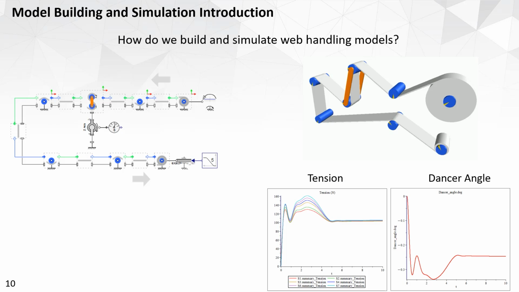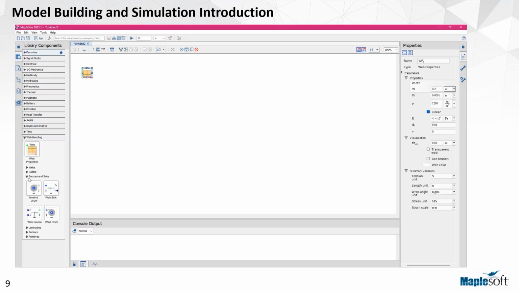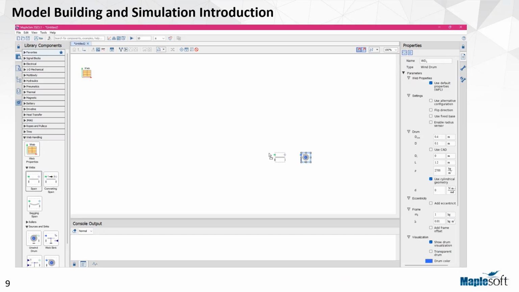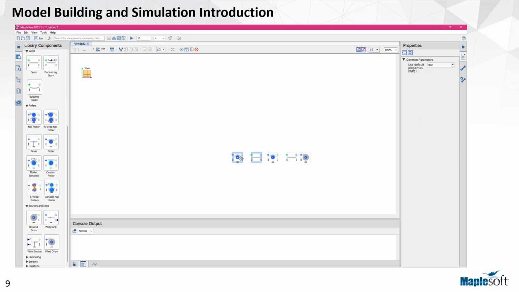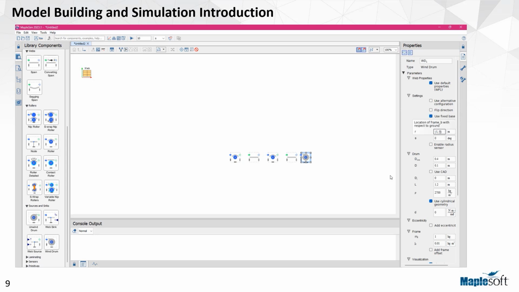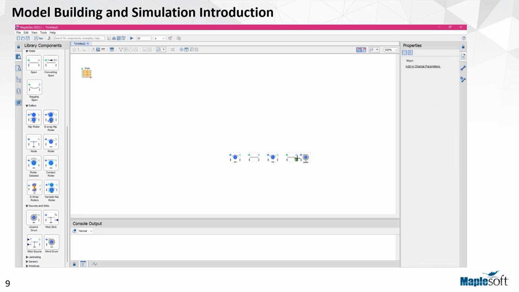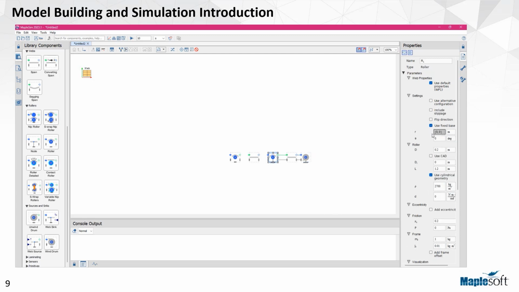So now let's look at this being built in MapleSim. Okay, so this here, we're looking at a line being built rather quickly, but it's to give an overview of how you can build a line in MapleSim. So this is going through and putting in parameters for all of our components and connecting them together.